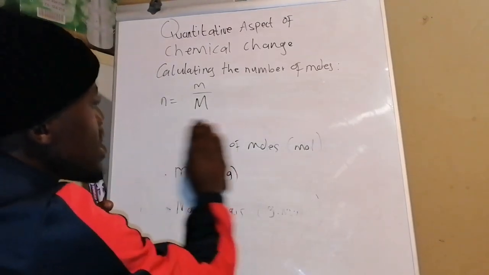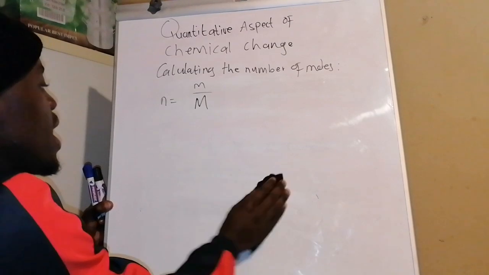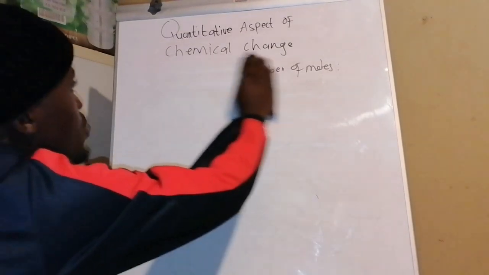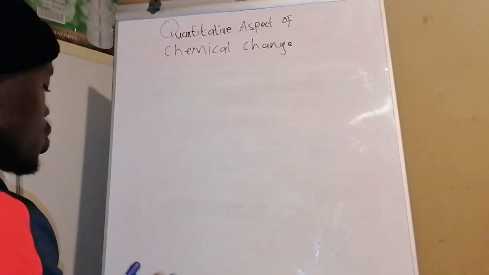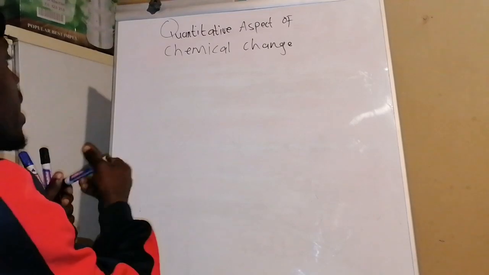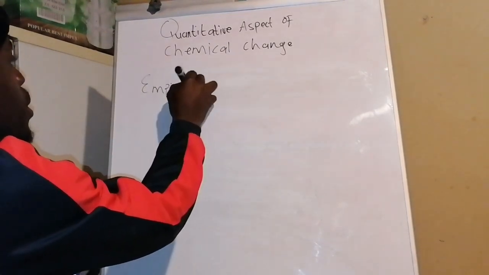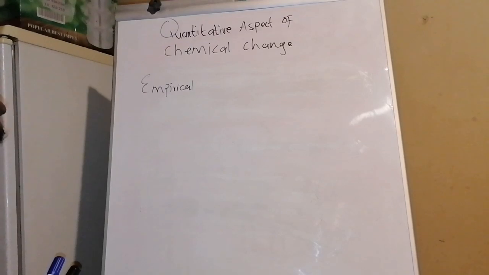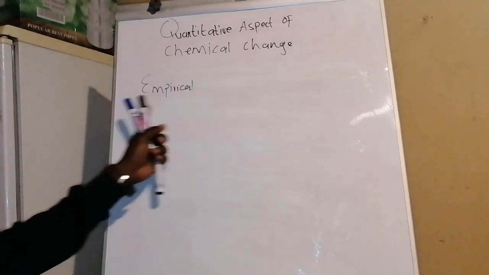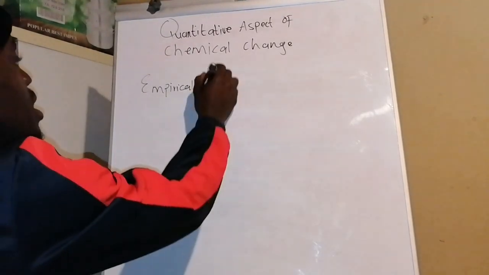Now let's discuss the empirical formula and the molecular formula. We'll start with the empirical formula, because you cannot get the molecular formula if you don't know how to determine the empirical formula.